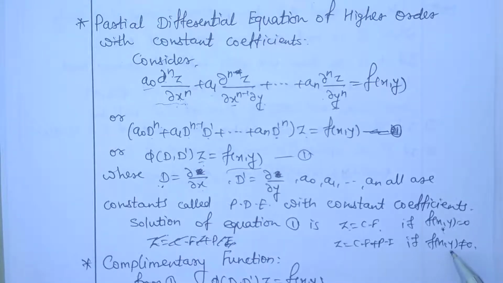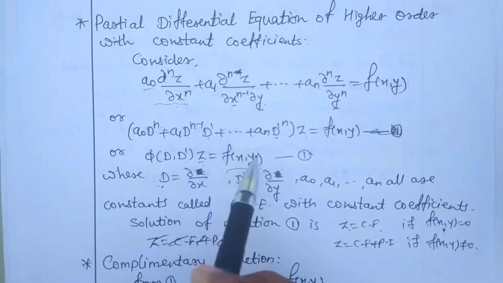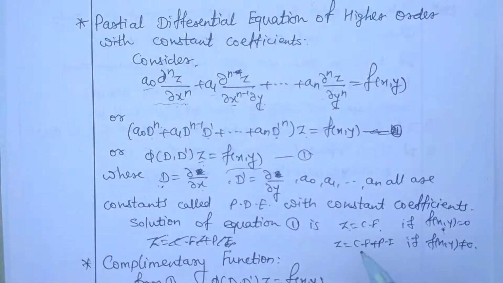And if f(x,y) is not equal to 0, then the solution of equation number 1 is z equals CF plus PI. We have to find both the complementary function and the particular integral if f(x,y) is not equal to 0. And in the first case, if f(x,y) is 0, we know that the value of the particular integral is 0, so z is directly the complementary function.